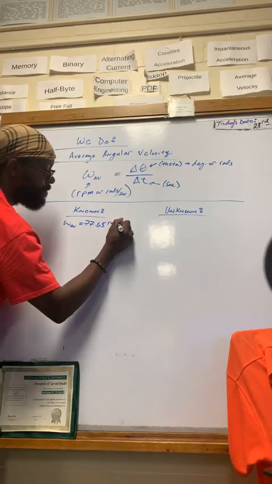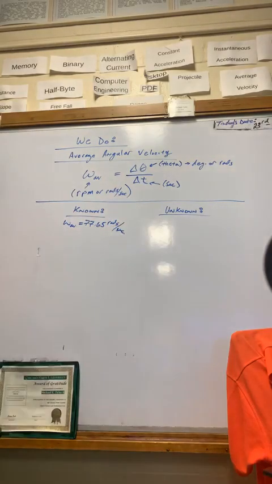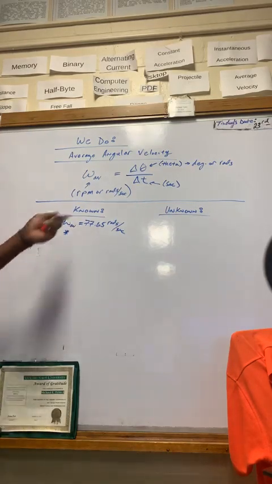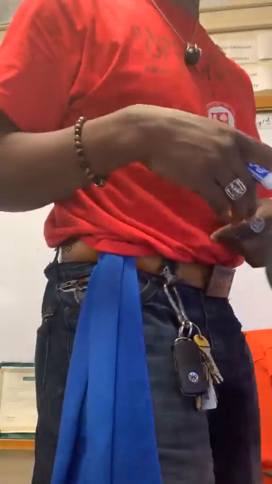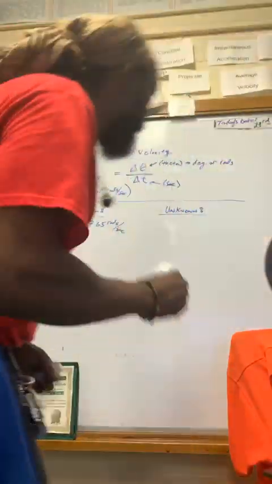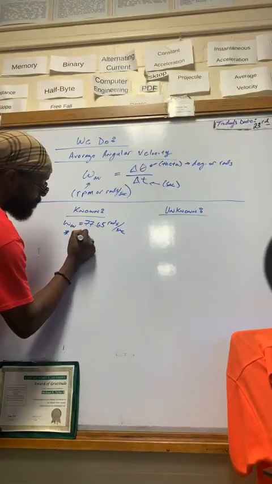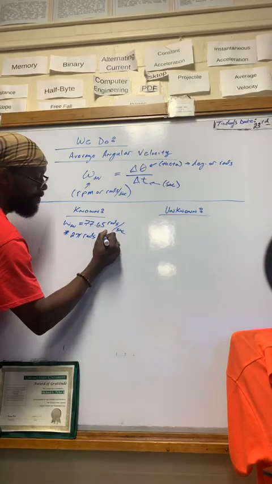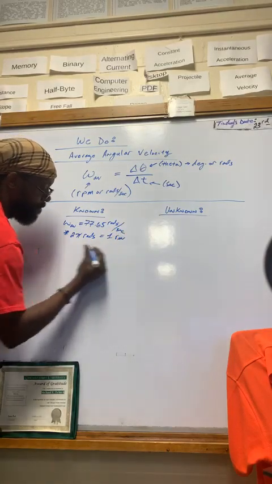That's rads per second. We also have some conversions we need to remember, right? So star, that means it's a conversion you should know, like how many days in a year and stuff. So we have 2 pi rads is equivalent to 1 revolution.